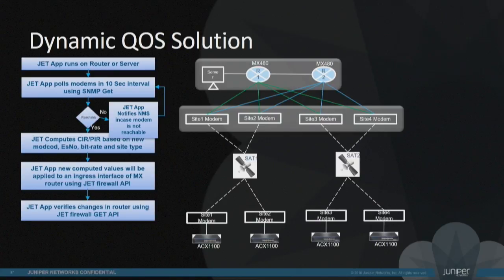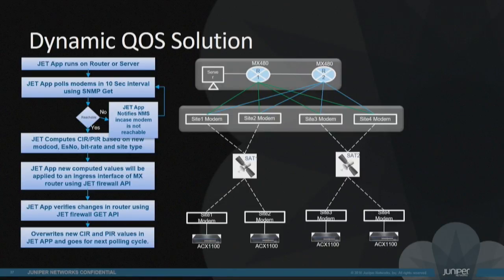And then the JET app will verify that the changes actually occurred too. You can't just push it and forget it. What it does is it verifies that it's there. If it is, it updates its own configuration file because it uses that to determine what it's supposed to be. It overwrites that CIR and PIR. And then it'll go back into a wait state, wait for 10 seconds, do the poll again.